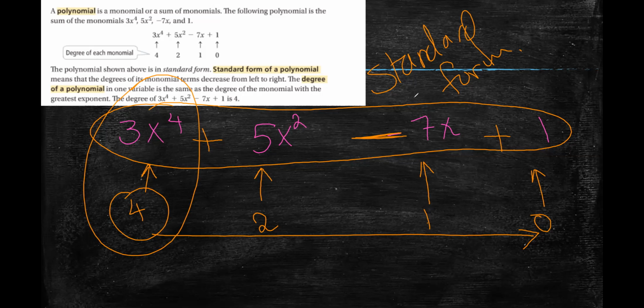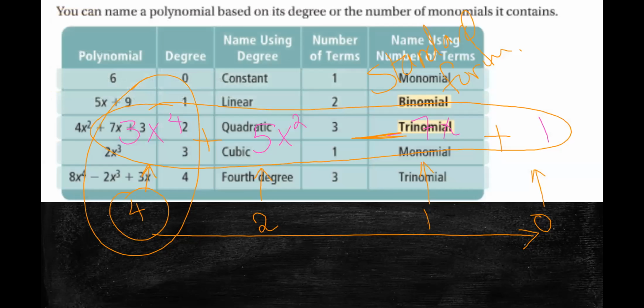So how can we write the standard form? The first step, I will order the monomials from highest to lowest. After that, I will look at the highest degree. The highest degree of the monomials will be the degree of the polynomial. Now let's see this table here.